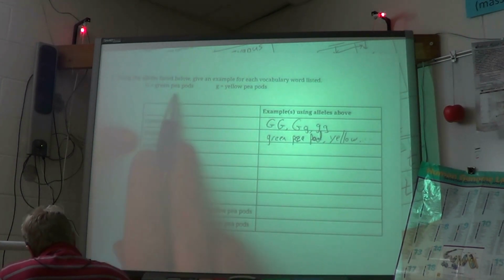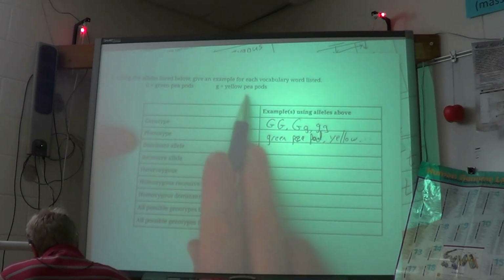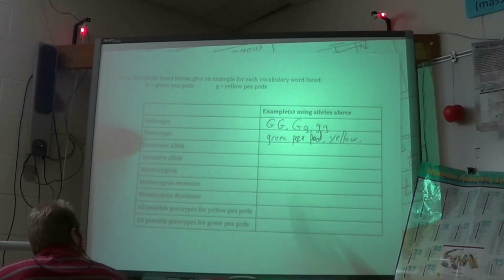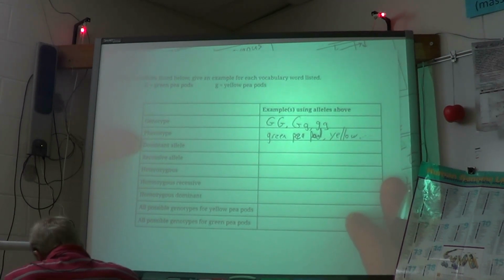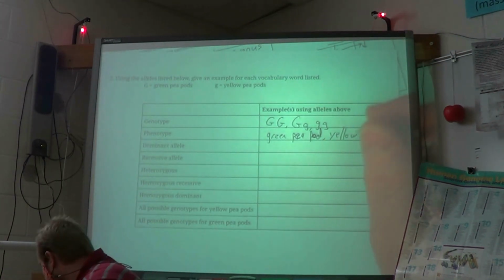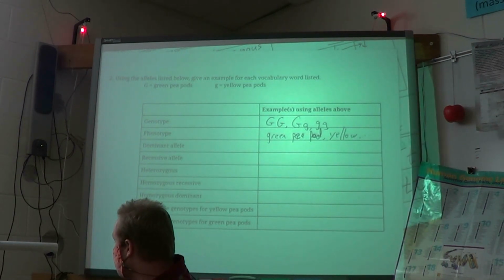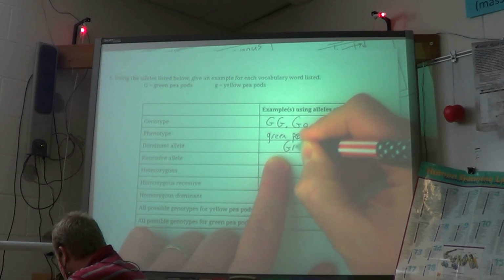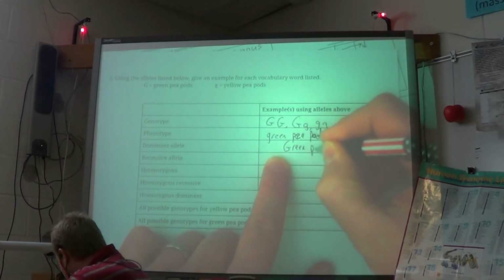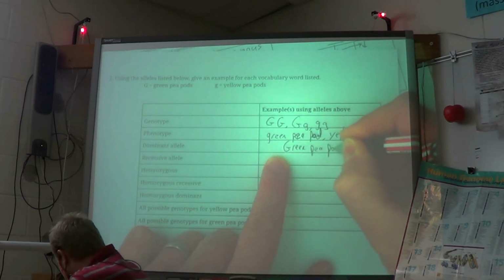Using big G for green pea pod, little g for yellow pea pod, what is a dominant allele? Yeah, that isn't how I was thinking about it, but yeah, green pea pod would be the dominant allele.